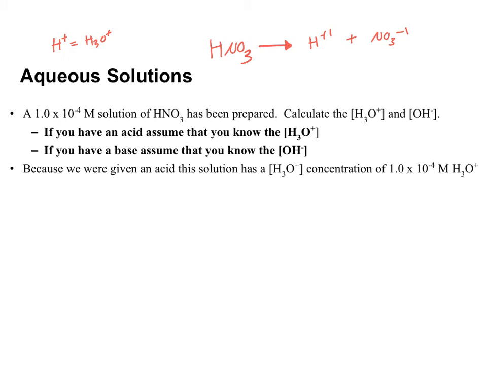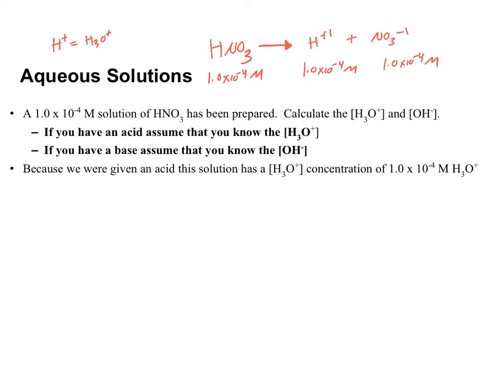Now, another thing that you should probably be aware of is that if I have a concentration of HNO3 to be 1.0 times 10 to the minus 4 molar, when that breaks apart, because the ratio is 1 to 1, this is also 1.0 times 10 to the minus 4 molar. And this is 1.0 times 10 to the minus 4 molar. Okay?